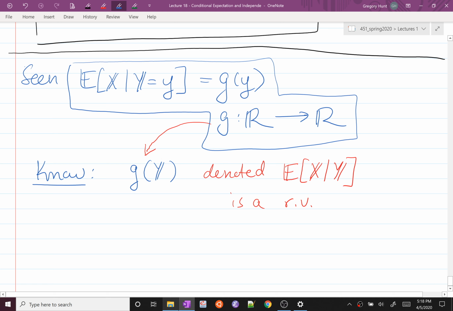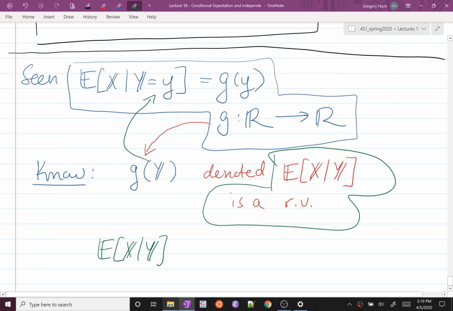But that's kind of cumbersome. So what we do is we denote it as the expected value of X given Y, where X and Y are both random variables. This quantity is a random variable. Which random variable is it? It's the random variable we get when we take Y and plug it into g. So we're defining the expected value of X given Y as a transformed version of Y, transformed by this function g, where g is defined this way. It seems a bit circular, but it's not.